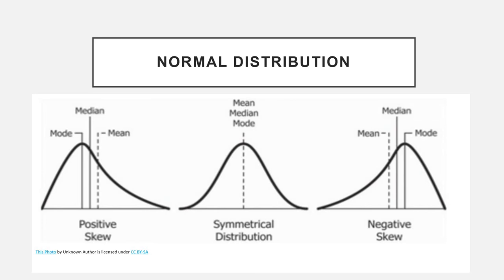So if we are going to interpret, in the negatively skewed, majority of the students or the participants have excellent performance, while in the positively skewed, majority of the students have low scores, and there are only a few who got high scores.